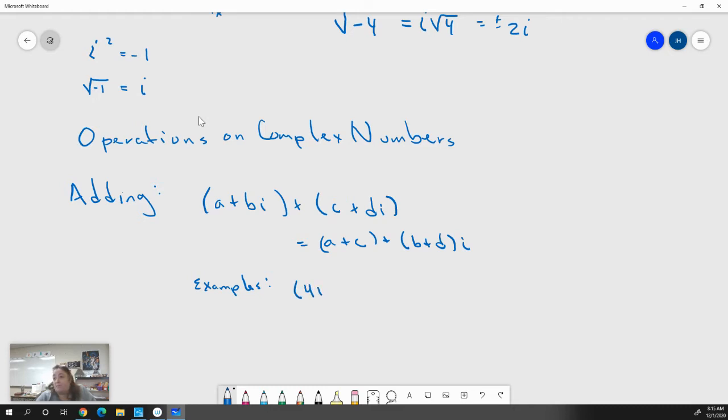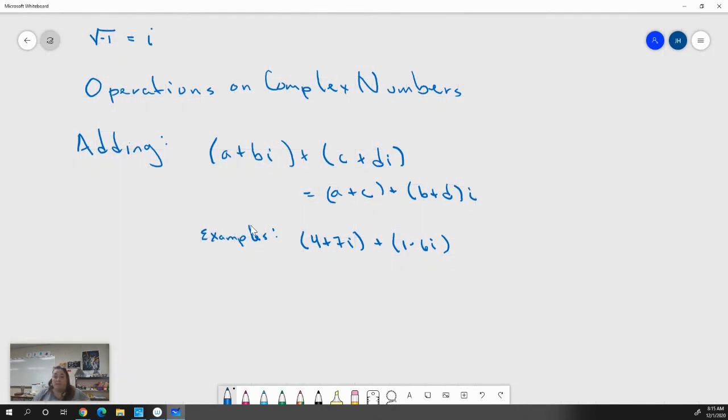So if I have 4 plus 7i plus 1 minus 6i, right? The first thing I know, because we're dealing with addition, the parentheses don't really mean anything.